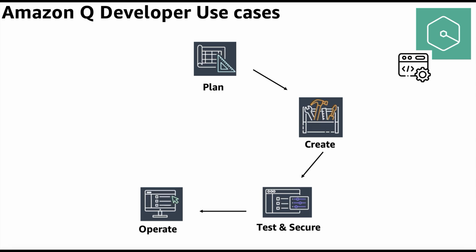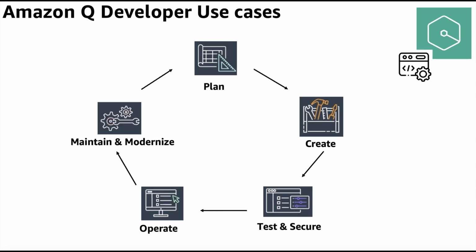These services include Amazon S3, AWS Lambda, Amazon Elastic Compute Cloud, and Amazon Elastic Kubernetes Service. Integrated directly within your IDE, terminal, or console, Amazon Q Developer helps ensure smooth operations and efficient problem resolution.